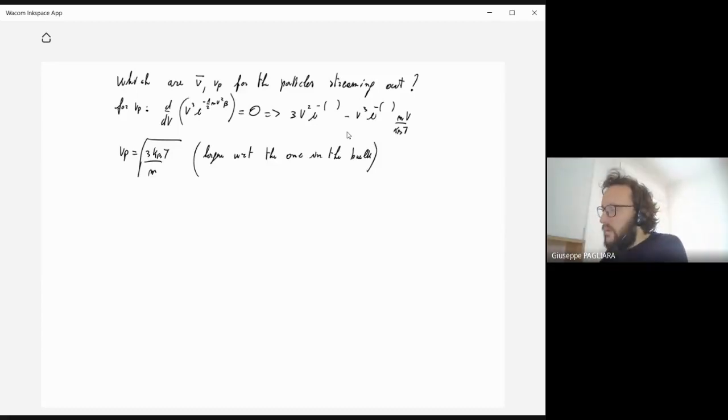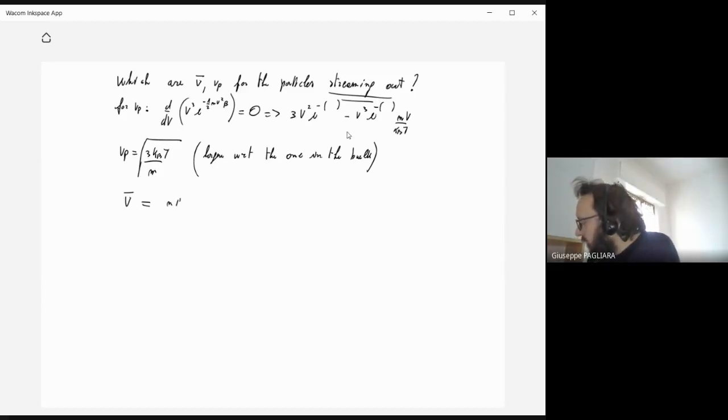Another thing that one can do, and we do it, is to compute V average again for the particles streaming out. And this V average basically can be computed as follows. Let me write it in a correct way.